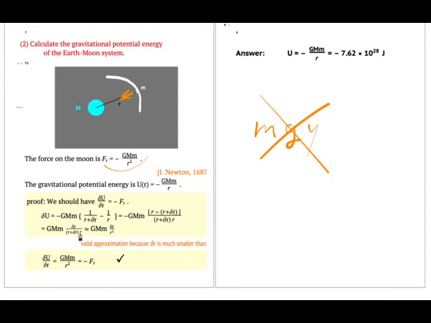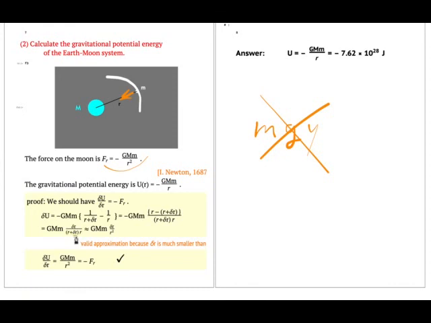Now delta r is supposed to be a small displacement in r. You know, r is a very large distance. Let's say delta r is 1 meter. If I compare 1 meter to the very large distance from the Earth to the moon, I can neglect this delta r here.